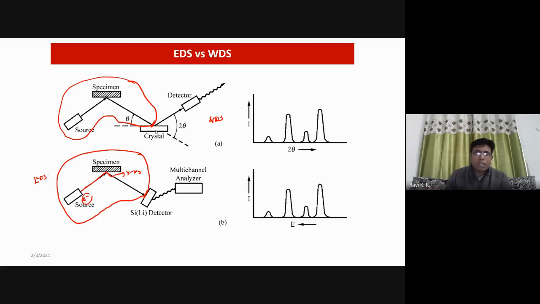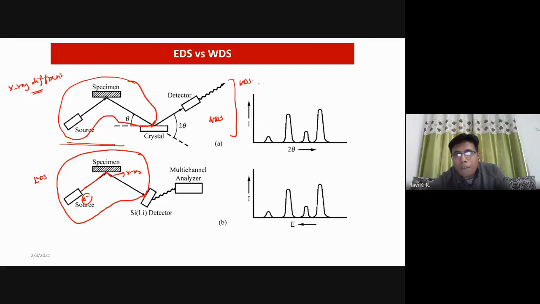That's a different story. But the concept under which WDS works is very familiar to us. If we can understand X-ray diffraction, you can understand the concept of WDS. But this part is different.